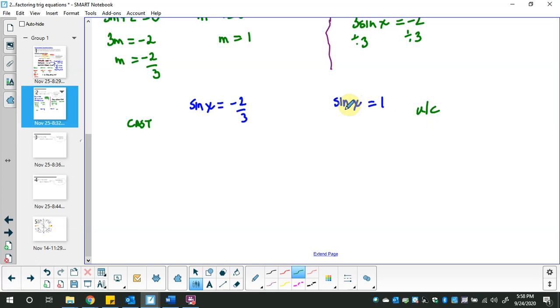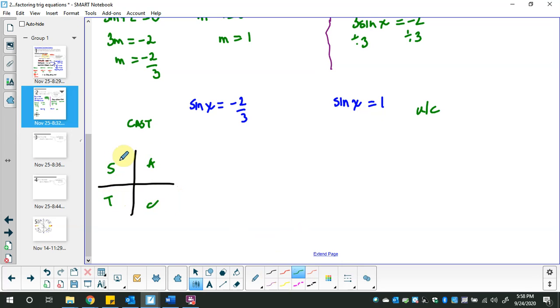Excuse me. So I'm going to do this one first, just because it's the most amount of work, and then I can take the therefore statement from this and just tack on the others that I can pluck off the unit circle for this. So back to the cast rule. Here's our cast rule. C-A-S-T.